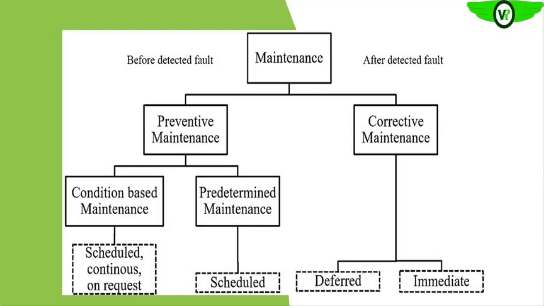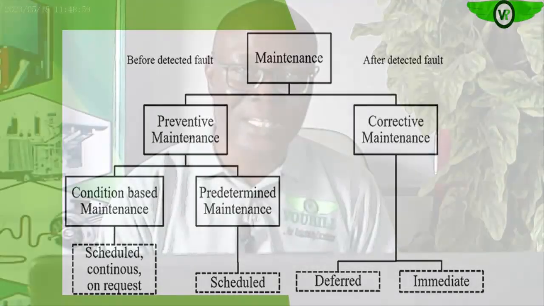Remember earlier in this section we talked about run to failure or breakdown maintenance. That's a maintenance strategy. But if you allow an equipment to run to failure, there are dangers associated with such a maintenance strategy, in that as the particular equipment fails, it can cause problems either downstream or upstream.